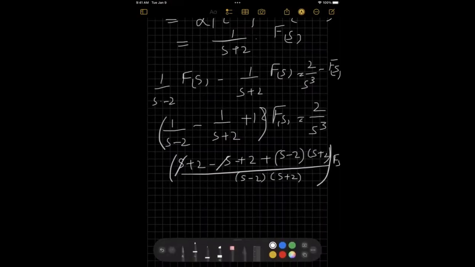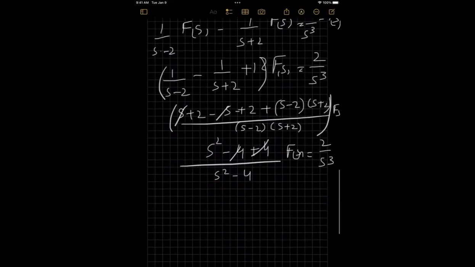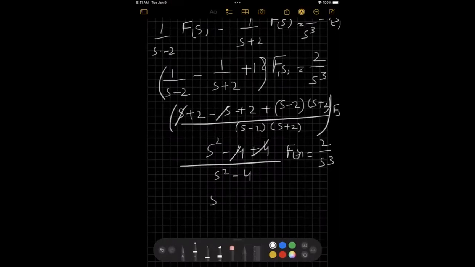So this will be cancelled. We have s square minus 4 plus 4 over s square minus 4 times F of s equals 2 over s cube. This will be cancelled again. So we have s square over s square minus 4 times F of s equals 2 over s cube.